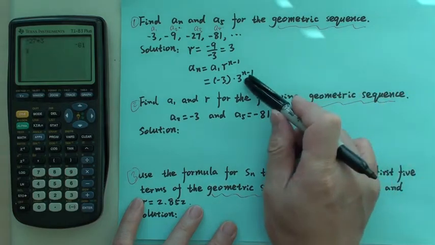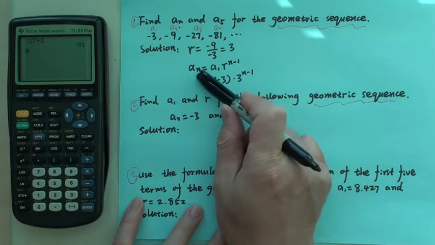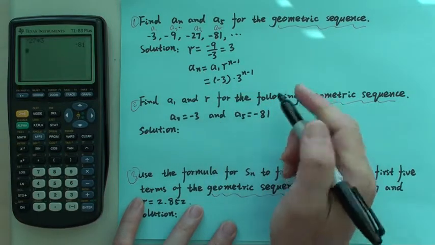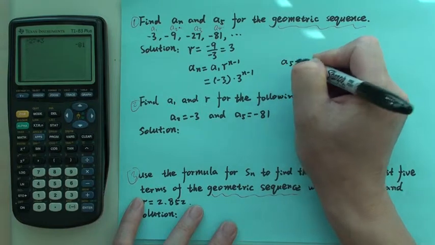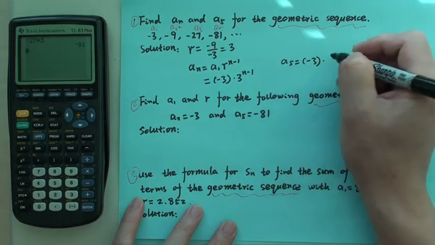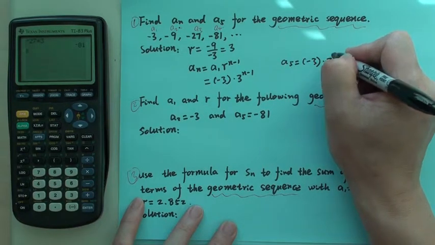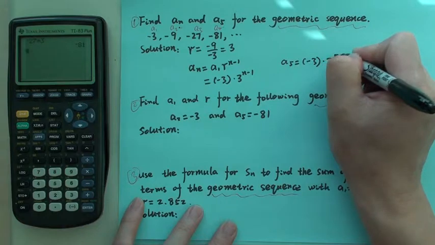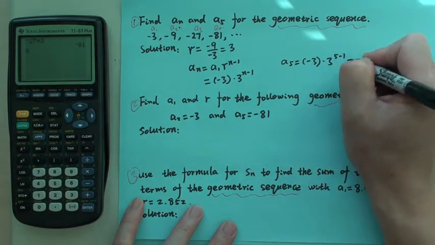Again, the exponent is always 1 less than the subscript here. So a fifth is negative 3 times 3 to the 5 minus 1.